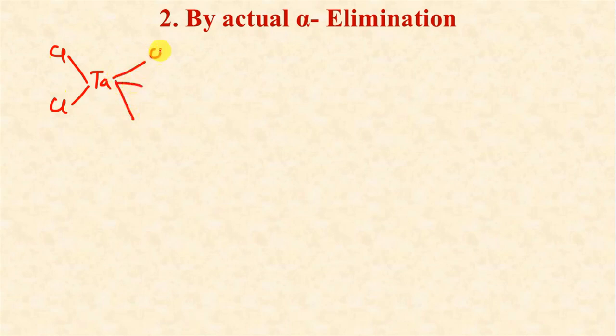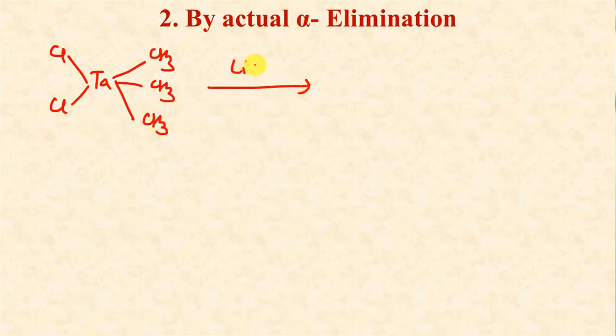The second type of reactions are actually similar to hydride abstraction reactions, but they are now named alpha elimination reactions. Now what is elimination? Where something is removed. So there is one example. This is the case Ta. We have Cl, Cl, CH3, CH3, CH3.